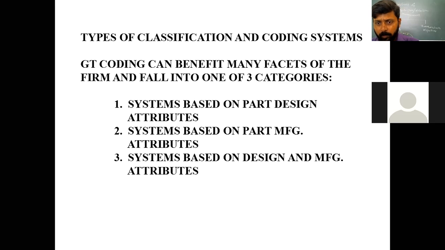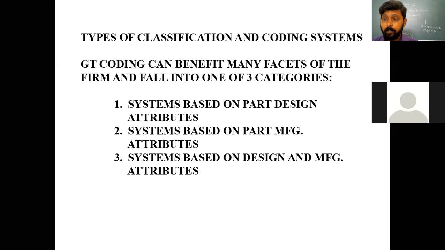Okay, now what are these three systems we are going to employ in classification and coding? The first system is based on part design attributes, or simply design attributes. Design means the shape of the object, the appearance of the object, the outer part of the object, that we are going to consider in part design attributes.